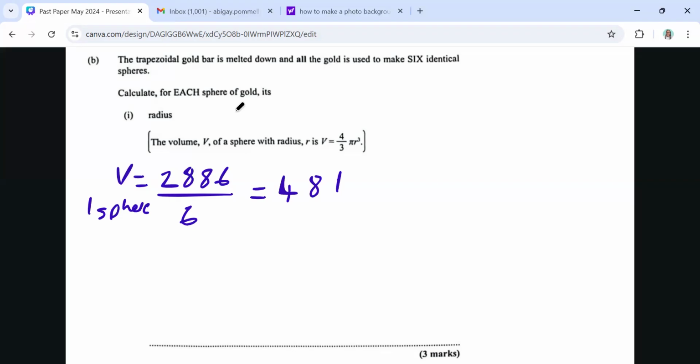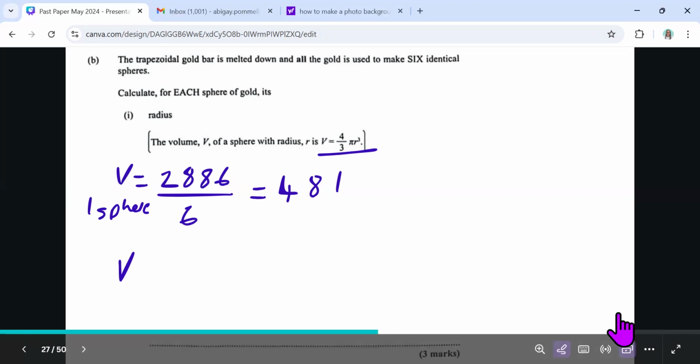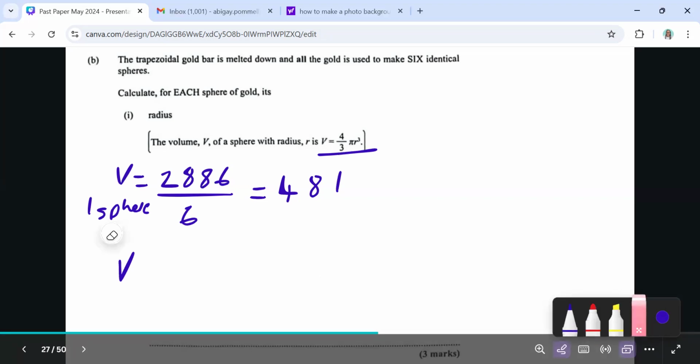Now we're trying to find the radius. Since we know the volume of one sphere, now we need to find the radius. They gave us the formula right here, so I don't need to write that down because we can see it.